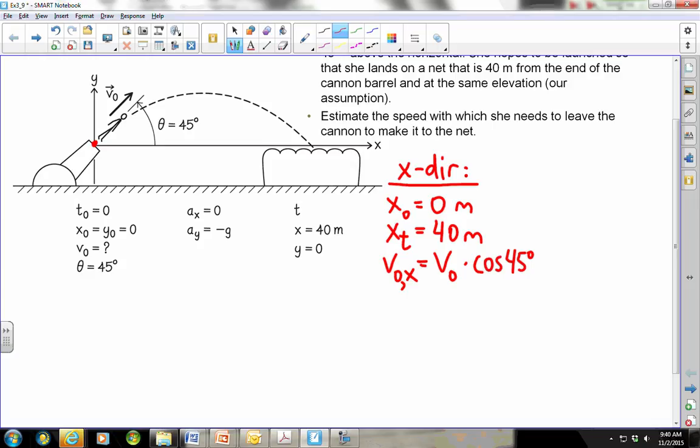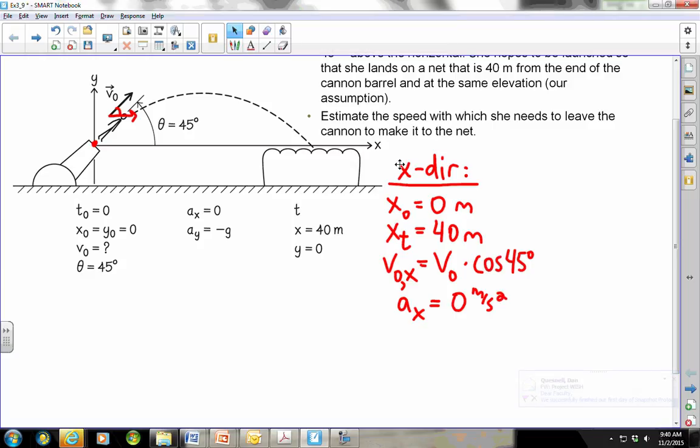So this initial velocity vector has an x component that would be adjacent to the 45. Of course, cosine and sine of 45 happen to be the same number, but sometimes it's not going to be 45. Then acceleration in the x direction is going to be 0 meters per second squared. I just like to keep them separate.